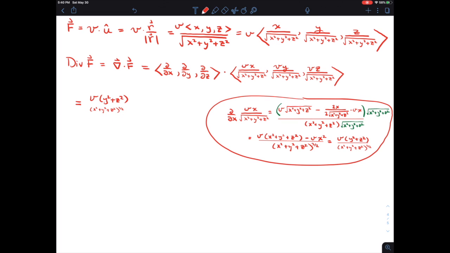And so that's with respect to x. And then when we do the derivative with respect to y, we're going to have a v, and then I assume there will be an x squared plus z squared here. It leaves the variable out that you're taking a derivative with respect to, like that. Same denominator.